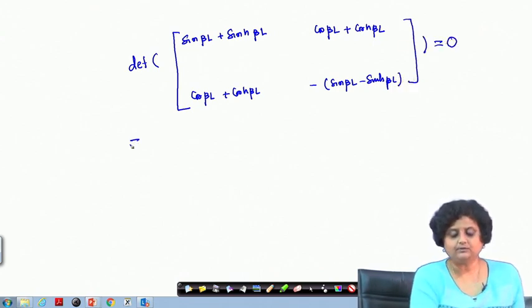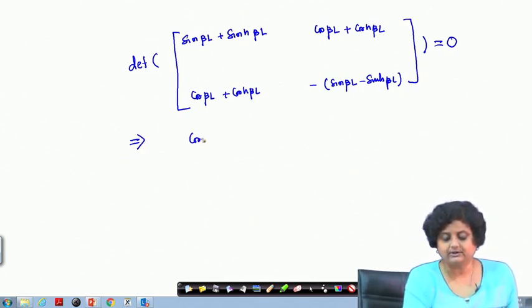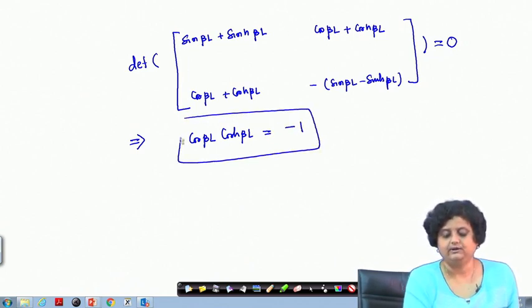If I solve this, I am going to get the solution as cos beta L into cosh beta L is equal to minus 1. This is what we get.